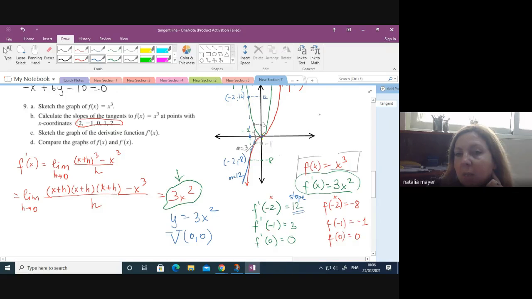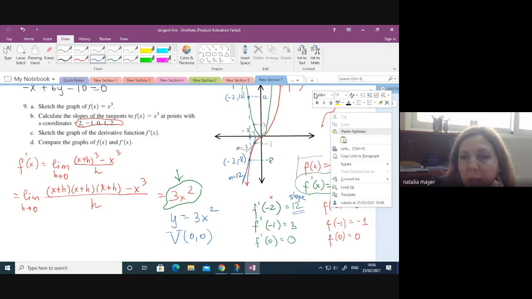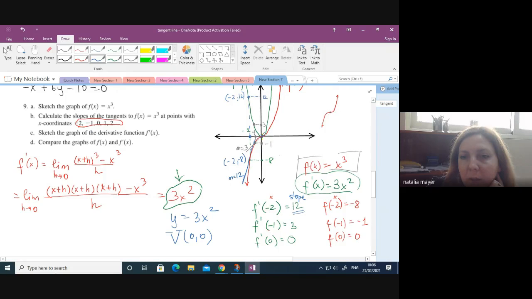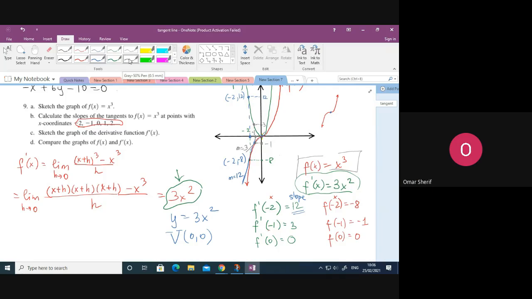Because here it's a bit crowded, I'll take the curve like this. So the red curve at origin is actually like this, where this is the origin. Tell me how the tangent line, Omar, will look like for this point. It's going to be horizontal.